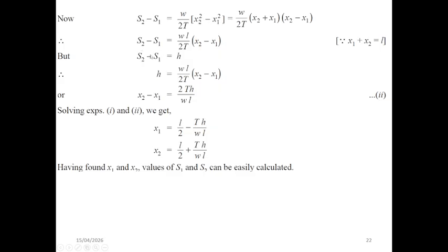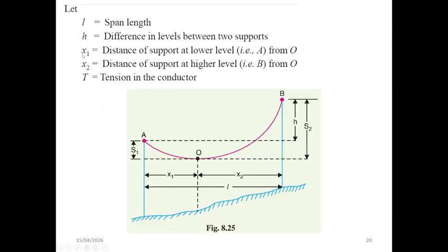S2 minus S1 will be equal to H, with x1 plus x2 equal to L. So H is equal to this, we just need to replace all of these equations, and finally x2 minus x1 is equal to this one, and we can find x1 and x2 based on T, H, W, and L. I already defined all of this. H is here the difference in levels between the supports B and A.